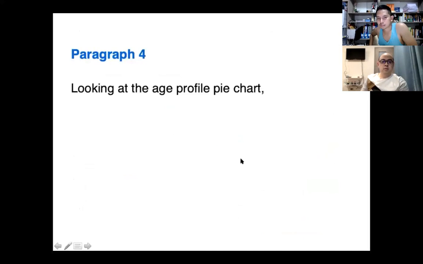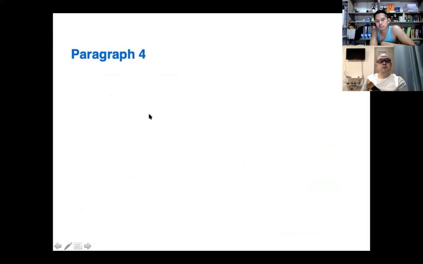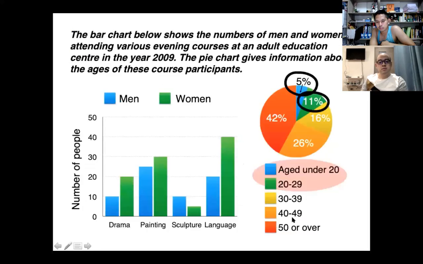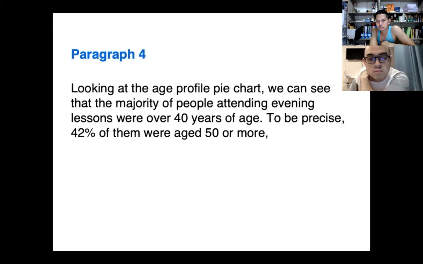Okay, so look at the age profile pie chart. We can see that the majority of people attending evening lessons were over 40 years old. You can take a look again. Over 40 years old. Yes. To be precise, 42% of them were aged 50 or more.